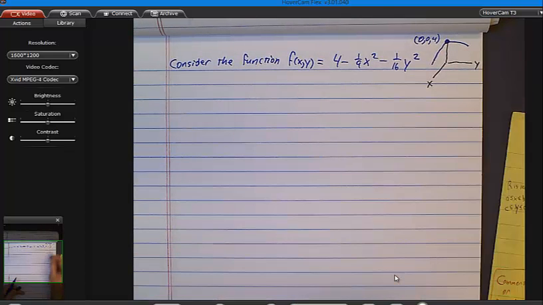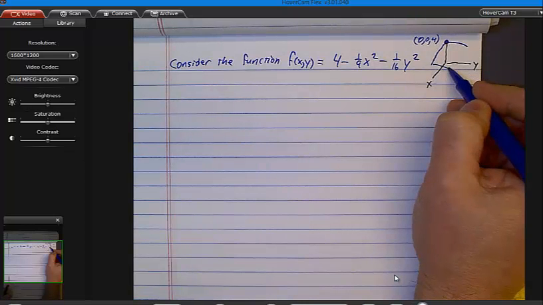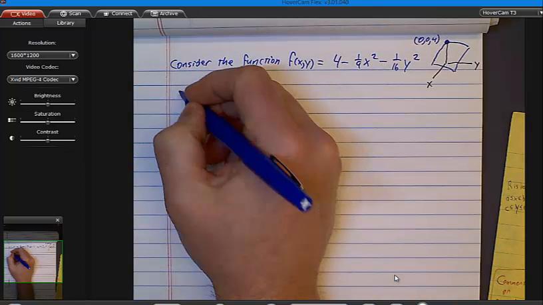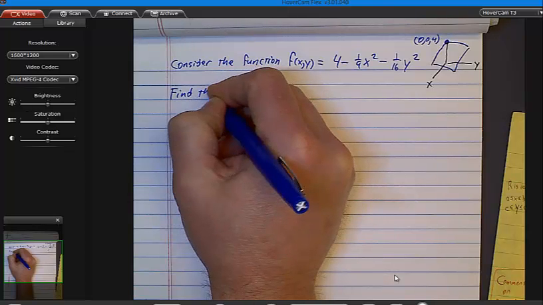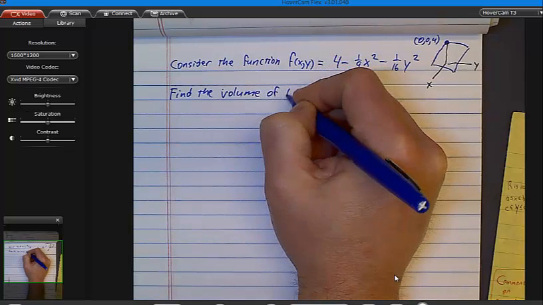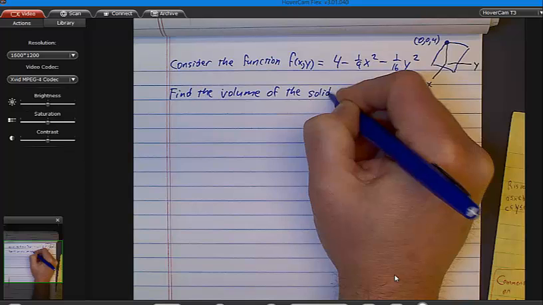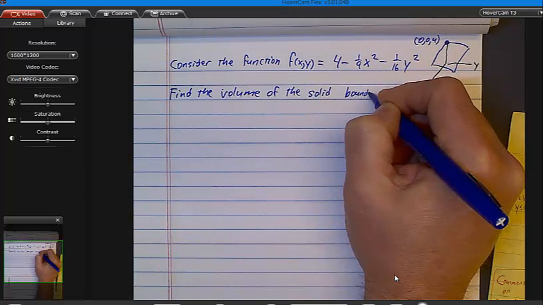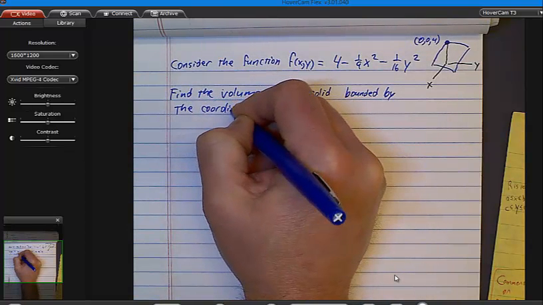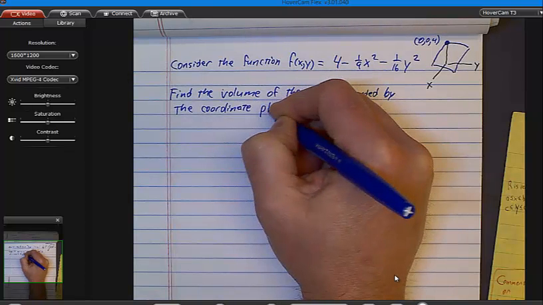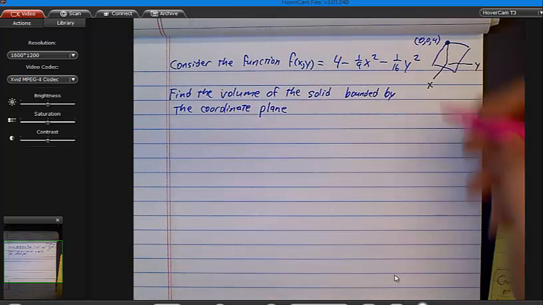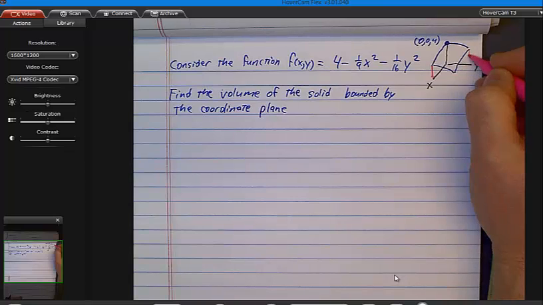I want to find the volume of the solid bounded by the coordinate, I'm going to say planes instead of axes, because you could think of the solid like here's a wall and here's a wall.